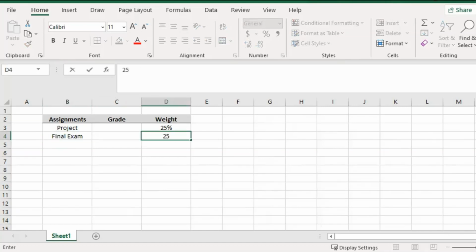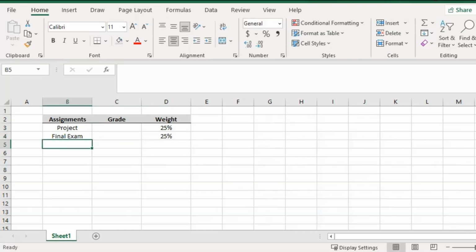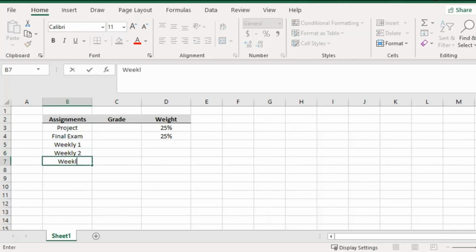So half of our grade is really determined by these two assignments. But then let's say we also have weekly assignment 1, weekly assignment 2, and let's say we have a class that is 5 weeks long, right? So we have a weekly assignment 4 and then a weekly assignment 5.